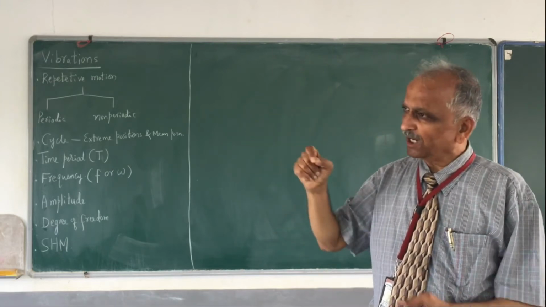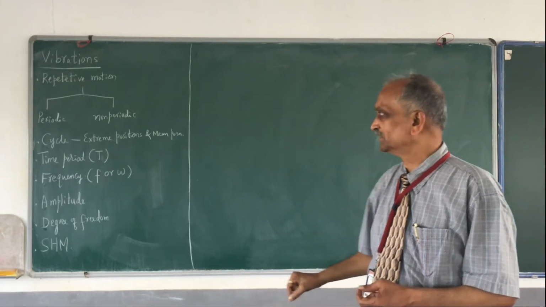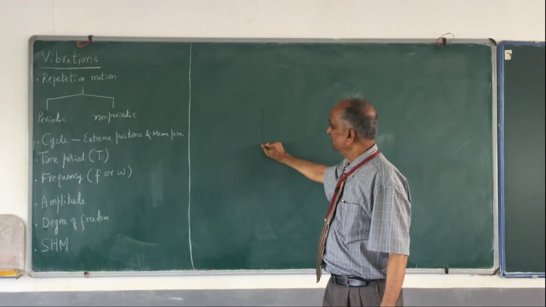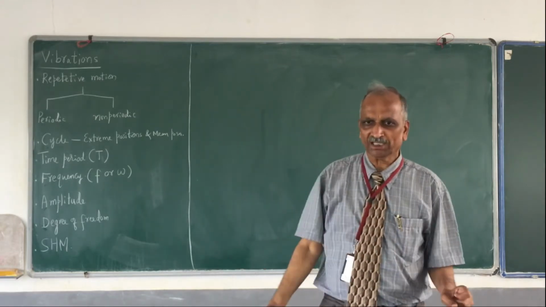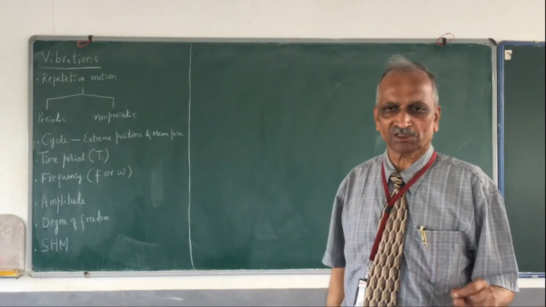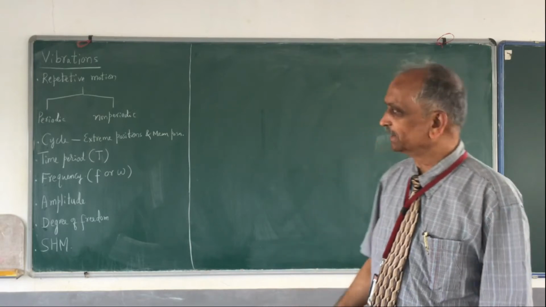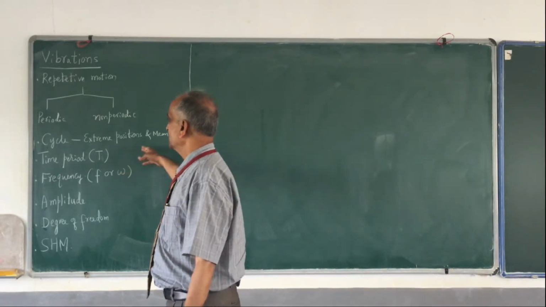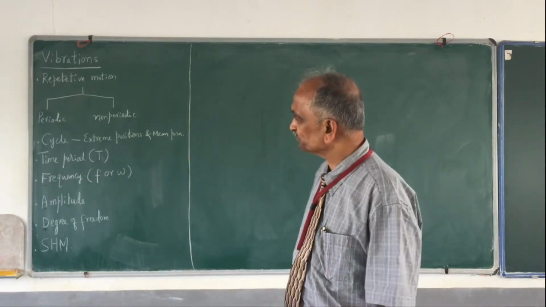If you have vibrations along a straight line, for example a spring mass system, this is one extreme position, coming down and then going back. This completes one cycle. So one cycle doesn't mean that we need one complete rotation. In mathematical analysis, one cycle is considered as 2 pi radians.